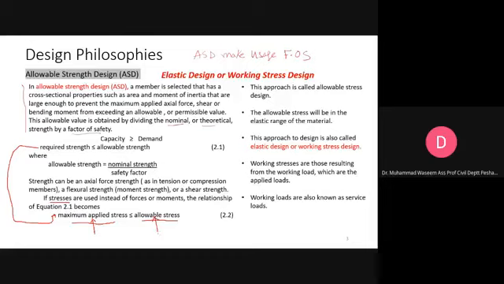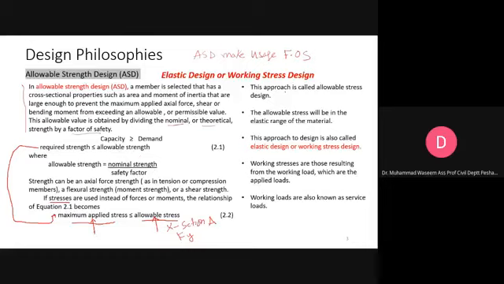And the resistance of the material comes from the cross-sectional area, and the cross-sectional area comes from the material properties such as Fy.